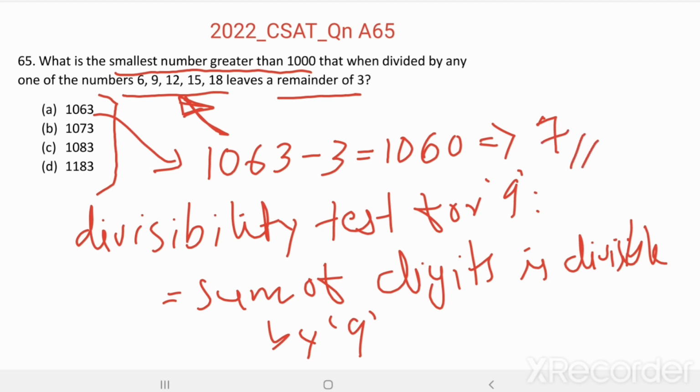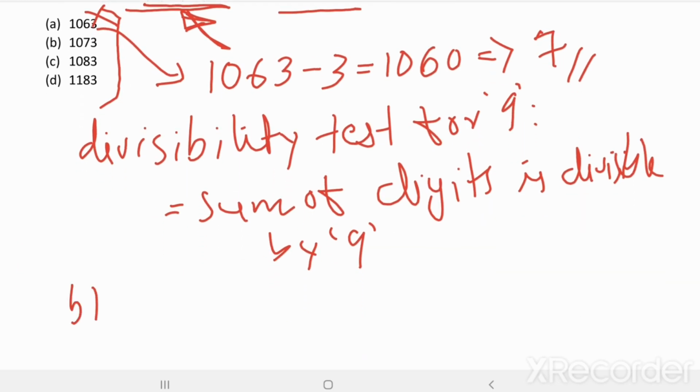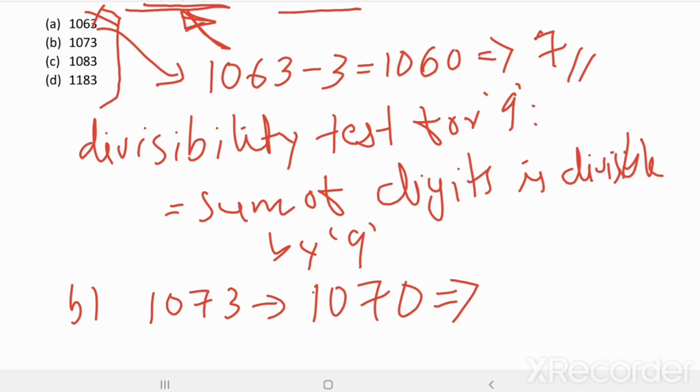Therefore, this is not the answer. We can eliminate this option. Because 1060 is not the smallest number greater than 1000 which is divisible by all these numbers. Now see the next number, option B, 1073. So after deducting 3 we get 1070. Sum of these number digits equal to 8. 8 is not divisible by 9. Therefore, we can eliminate option B also.